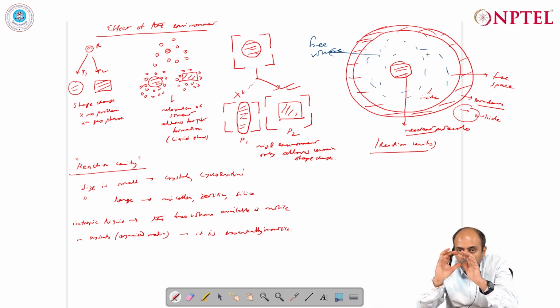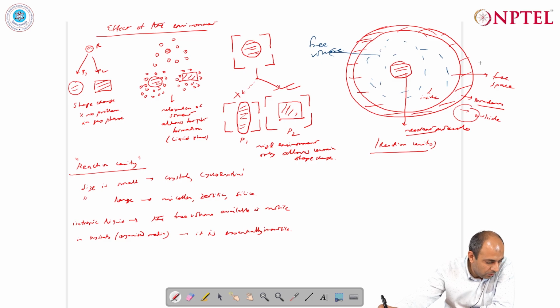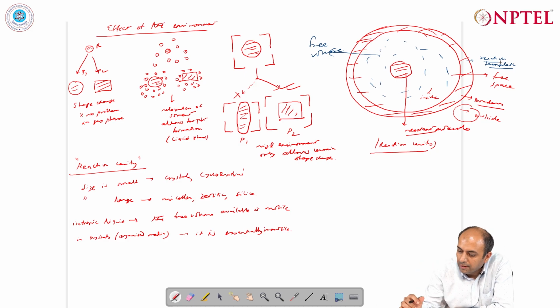In this case it is more like a spherical free volume shape, but this spherical shape can also change as a function of the template which actually creates the reaction cavity. So we have this boundary, and this boundary is the reaction template. We have a template which is created for the reaction to take place, and this defines the reaction cavity.